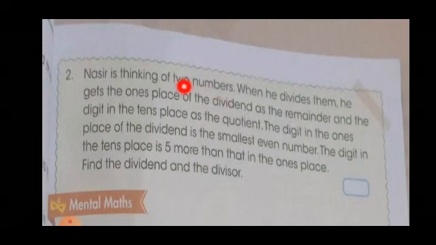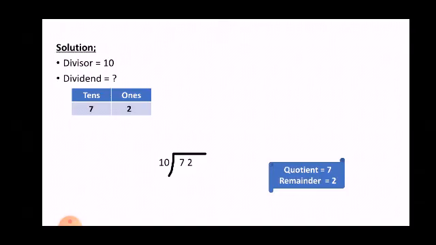So 10 is the divisor here, so we'll write 10 outside the division bracket, and 72 is the dividend, so we'll write 72 inside. Now let's start dividing. Recall the table of 10. 72 does not come in the table of 10. Below 72, 70 comes in the table of 10, 7 times. So we'll write 7 at the top and write minus 70 below, like this.